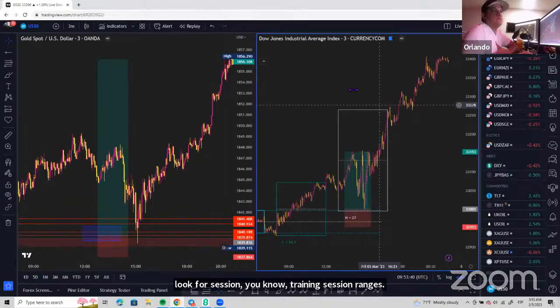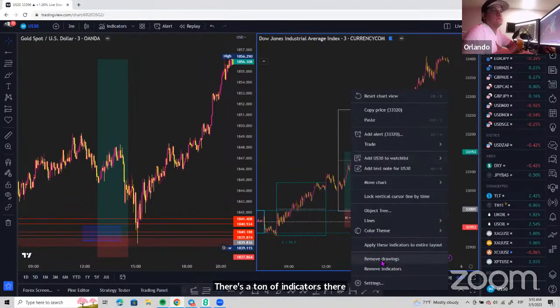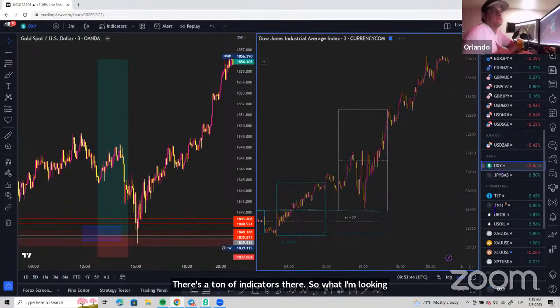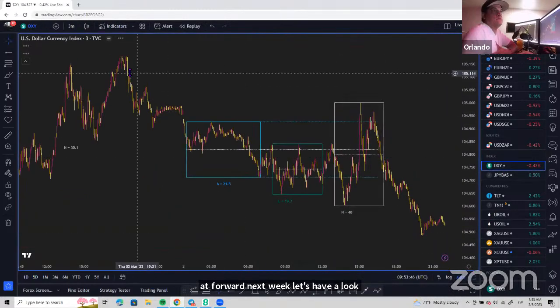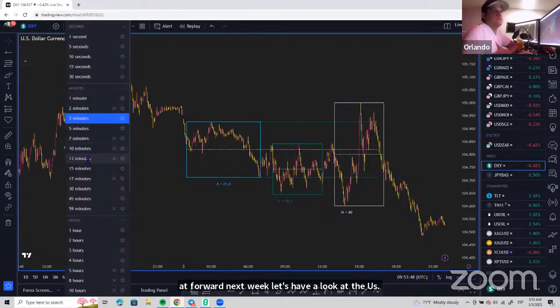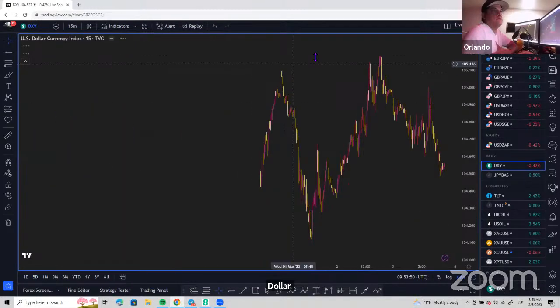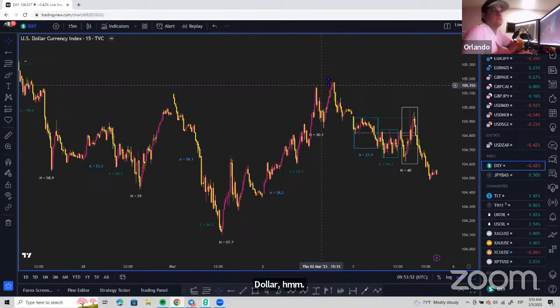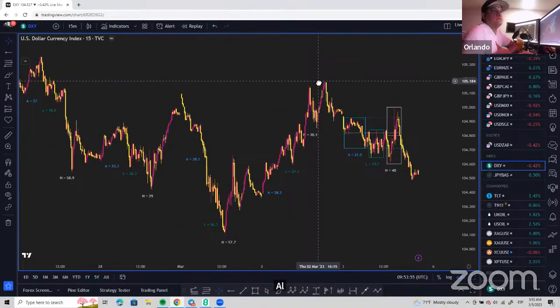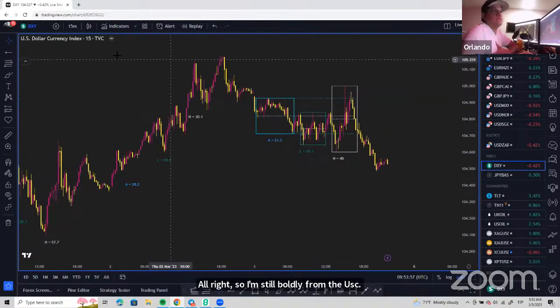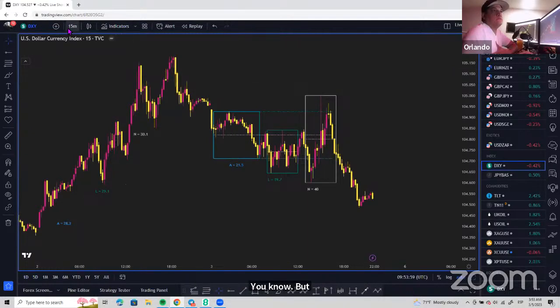So what I'm looking at for next week, let's have a look at the US dollar. Dollar bill, yo. All right, so I'm still bullish on the USD, but having said that, I'm going to remove this.